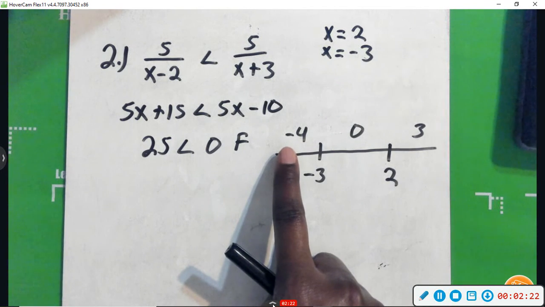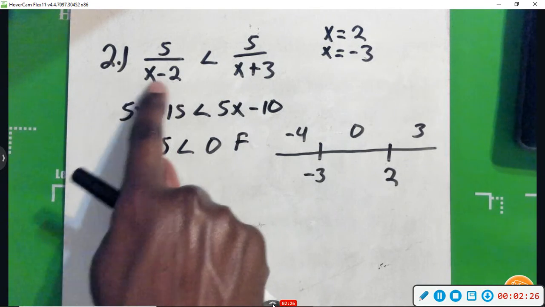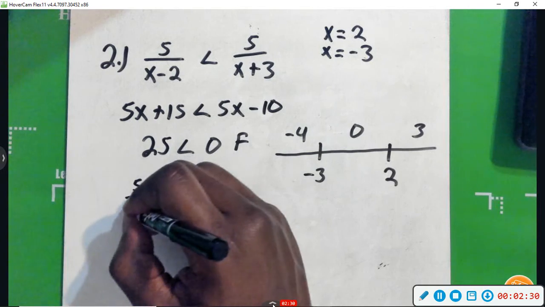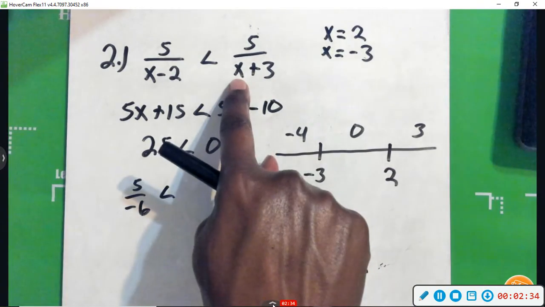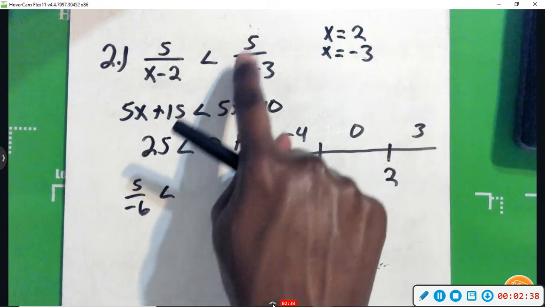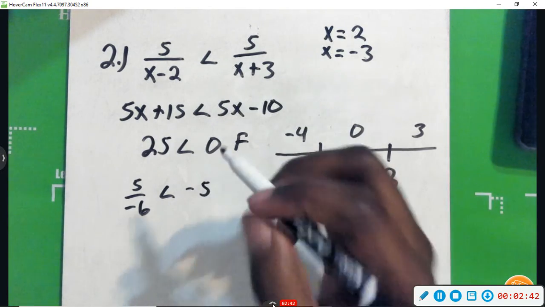Plugging in a -4, this will give me 5 over -6 is less than. Plugging in a -4 will give us a -1. So we have 5 over -1, which is -5. Alright.